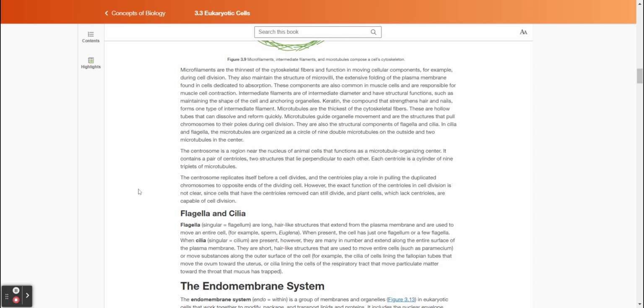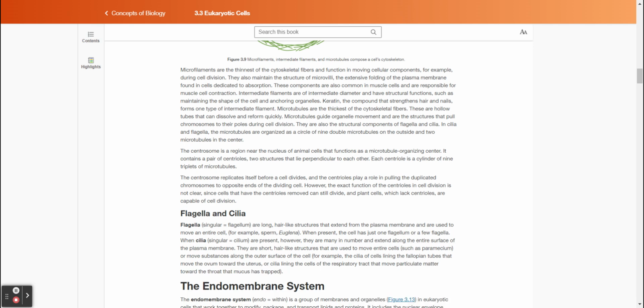Microfilaments are the thinnest of the cytoskeletal fibers and function in moving cellular components, for example, during cell division. They also maintain the structure of microvilli, the extensive folding of the plasma membrane found in cells dedicated to absorption. These components are also common in muscle cells and are responsible for muscle cell contraction.